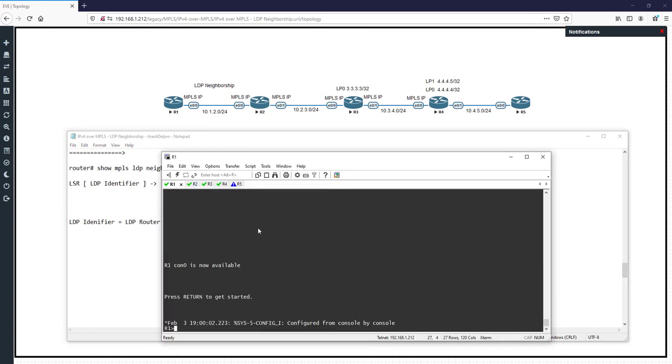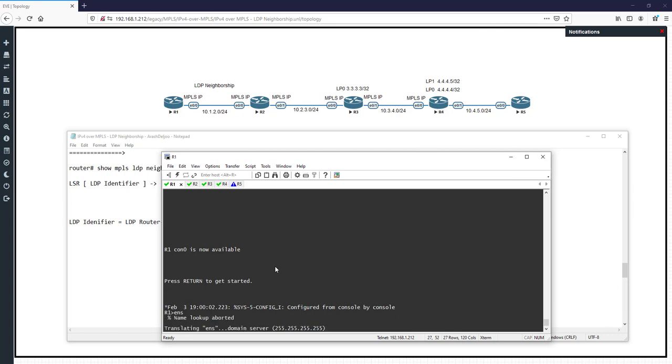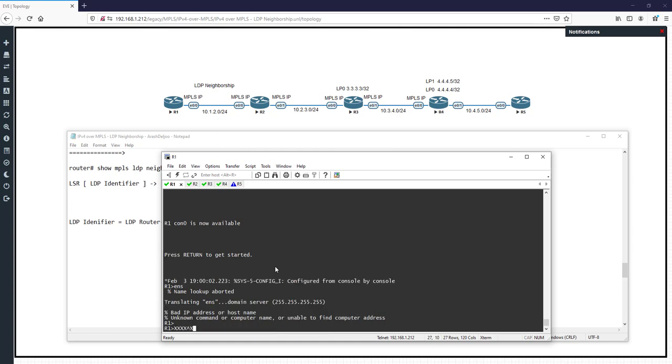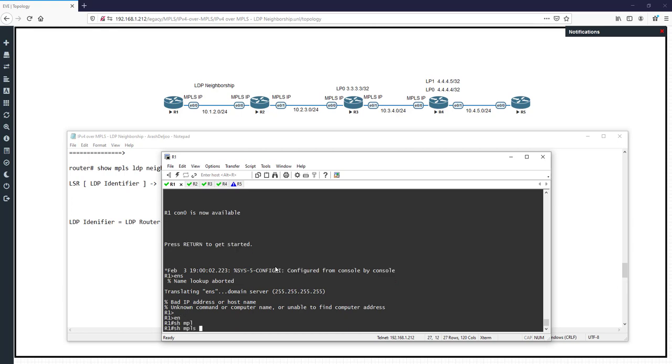Let's check in R2 or maybe in R1. Again, a few seconds later we can check it: show mpls ldp neighbor.